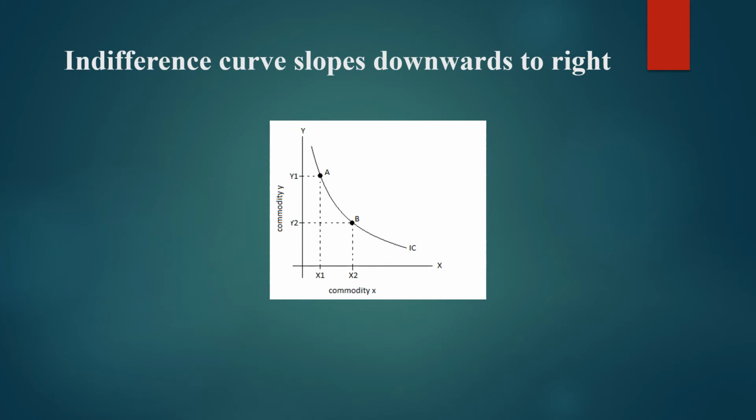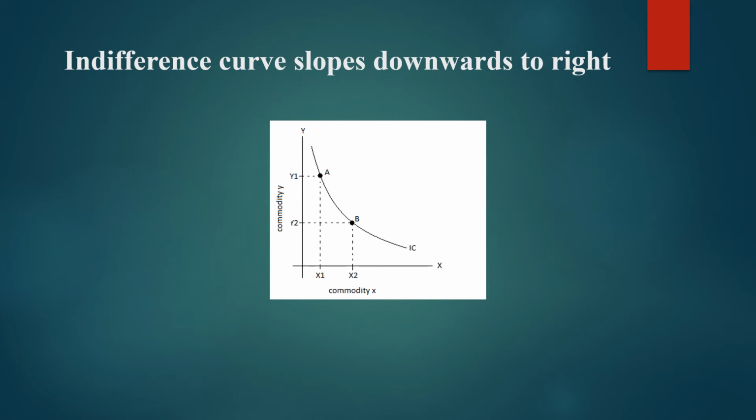See this curve. This curve is sloping downwards from left to right. What does it mean? The commodity we are taking on the y-axis and the commodity we are taking on the x-axis, both demands have an inverse relationship, because when he is increasing the consumption of one commodity, he has to reduce the consumption of the other commodity.